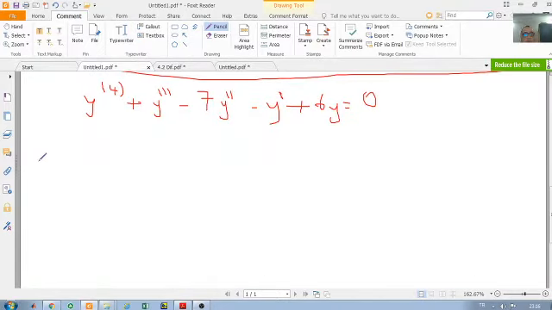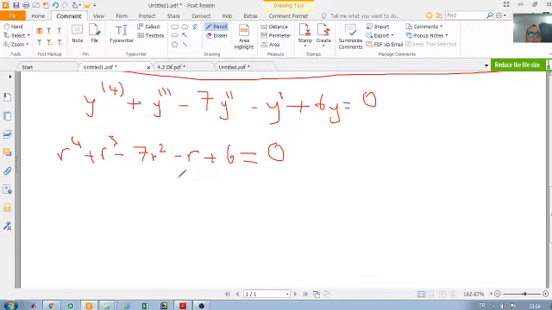So the corresponding characteristic equation is written as r to the power 4 plus r to the power 3 minus 7 times r square minus r plus 6 is equal to 0.